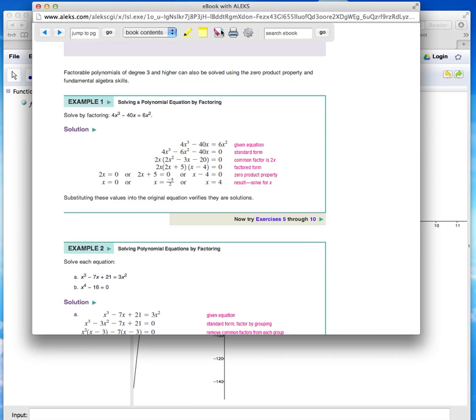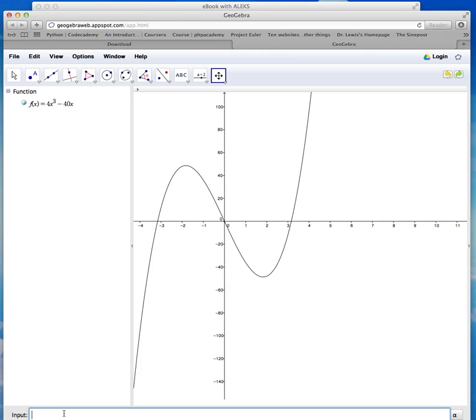And then the other one is 6 times x squared. So I will type in g of x equals 6 times x to the power of 2. Down there on the bottom, push enter, and there's the graph.